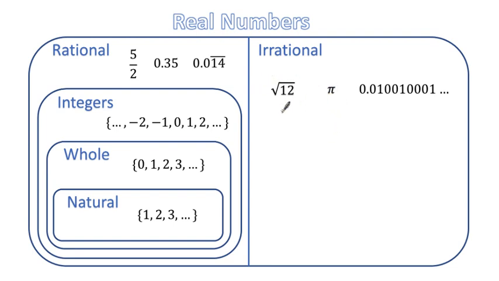The closest we get to an integer multiplied by itself that gives 12 is 3 times 3, which is 9, and 4 times 4, which is 16. So there's no integer between 3 and 4 that when multiplied by itself will give you 12. Therefore, if it's a square root of a number that's not a perfect square, it's irrational.